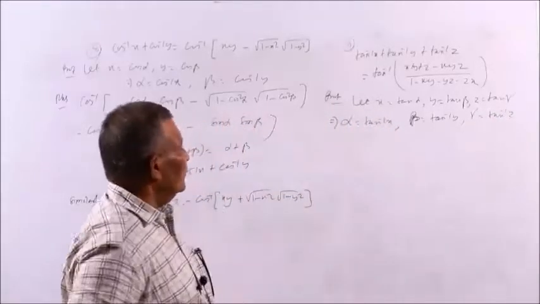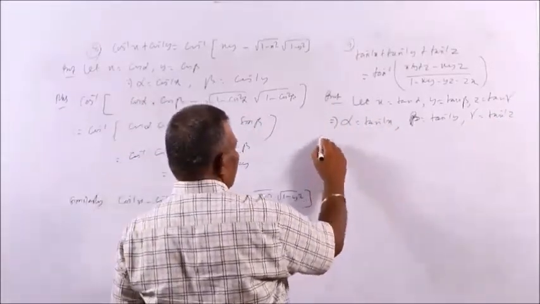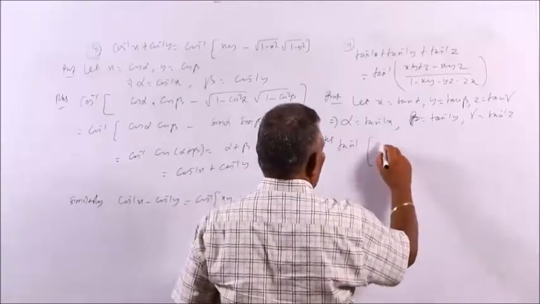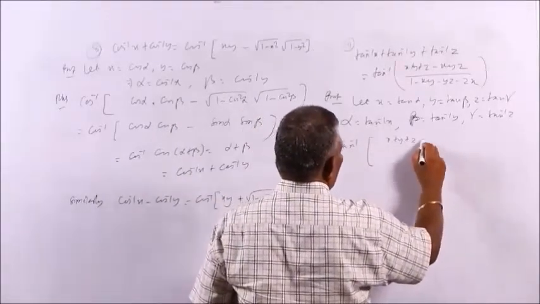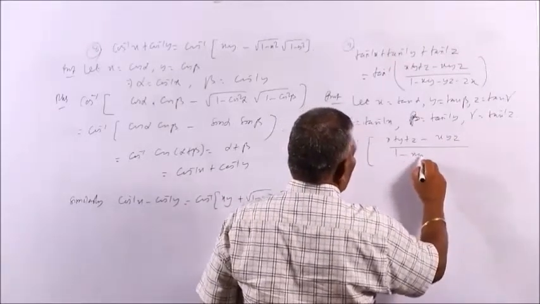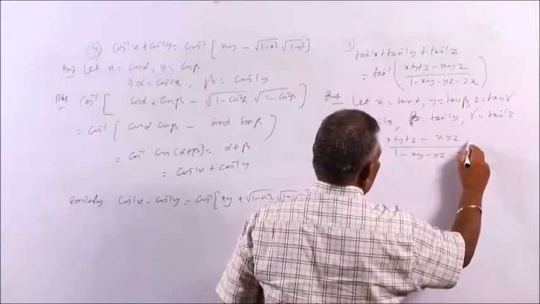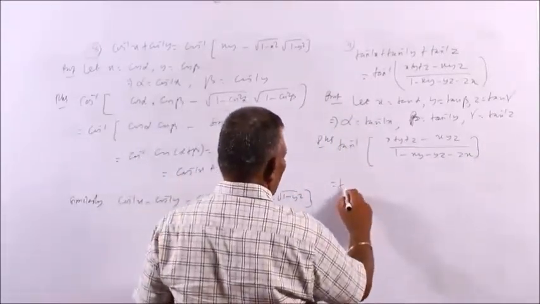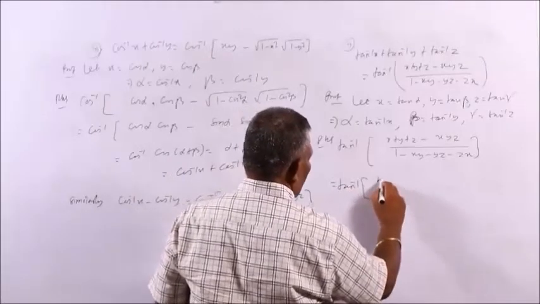Let us move from the RHS. Tan inverse of x plus y plus z minus xyz divided by 1 minus xy minus yz minus zx. So in place of x we can put tan alpha, in place of y tan beta.